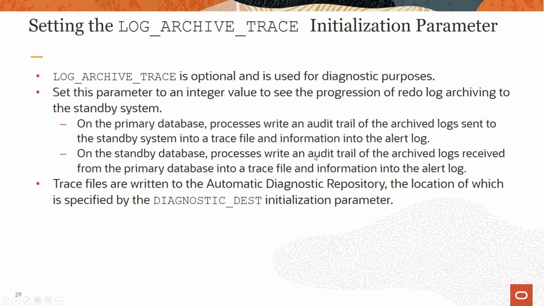And also you can set the log_archive_trace init parameter, and this is optional, and this is for diagnostic purposes to gather more information in the primary database and in the standby database in case of troubleshooting. So that's one thing you can use.